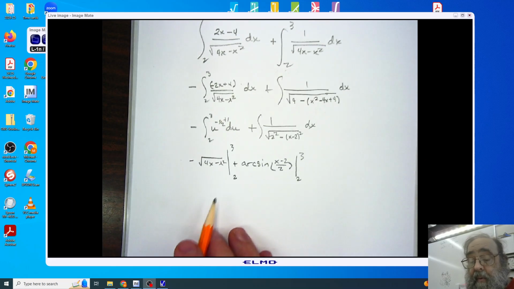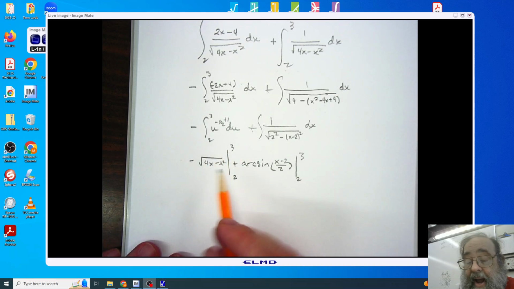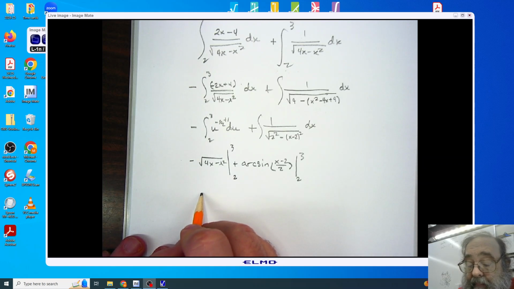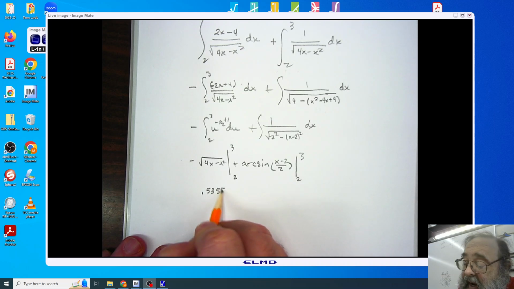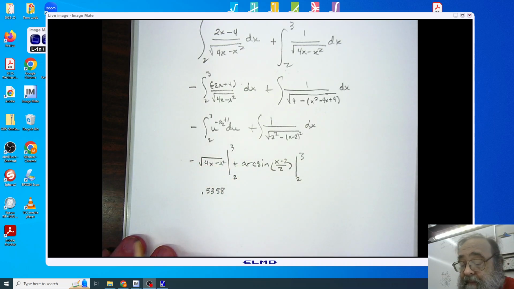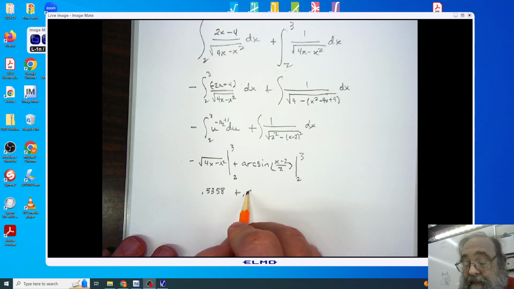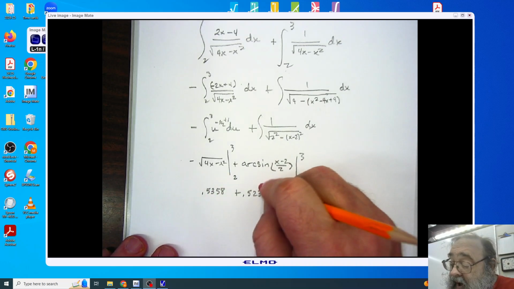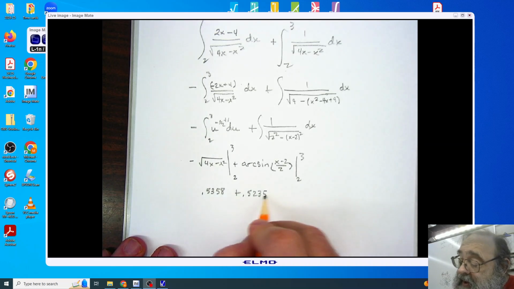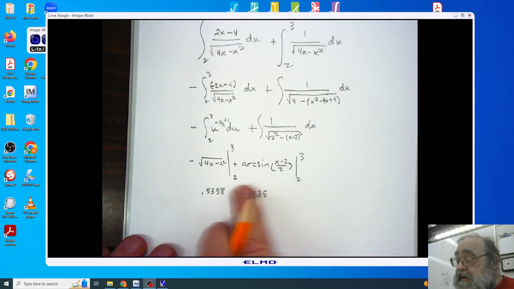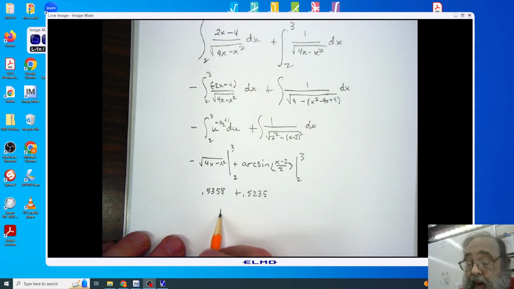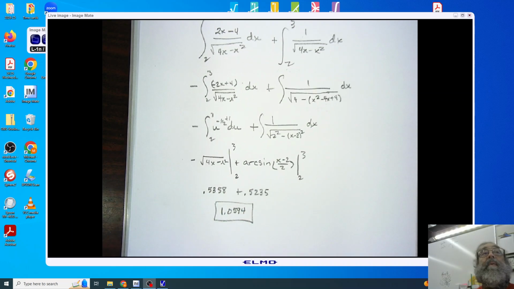And just as I did before, I can already see I'm going to get radicals and all kinds of things, so I used my calculator with this, and I ended up getting 0.5358 from the fundamental theorem of calculus with the first part, plus 0.5238, using the fundamental theorem of calculus with the second piece. When I add them up, I get 1.0594. And that's the answer I'm looking for.